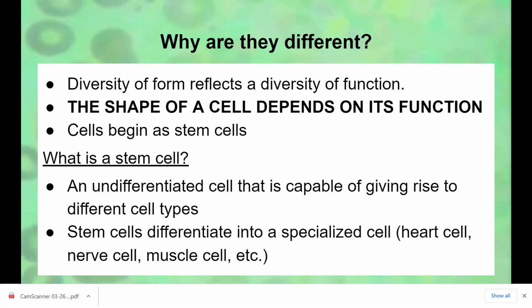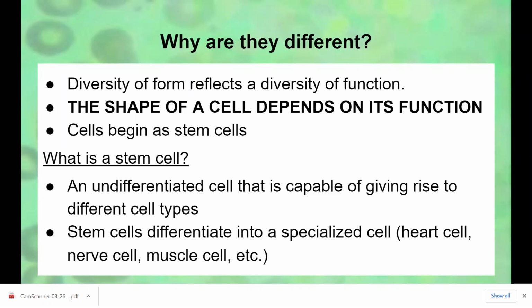Because think about it, a nerve cell's job is to send messages from one place to another. So it wouldn't make any sense for that cell to be small and round, because then it can't send messages over long distances. So instead, neurons are long, they're branching, they have giant axons to send messages to other places.